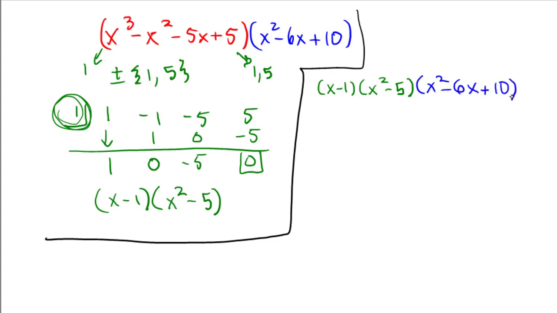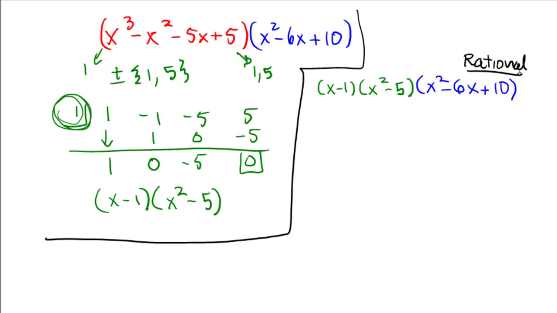Now notice that the x squared minus 5 is not going to factor any further over the rational numbers, because of course the two zeros of that one are plus or minus radical 5. The blue is not going to factor down any further because, as we discussed at the beginning, those are complex solutions.